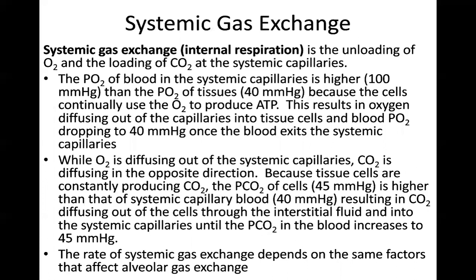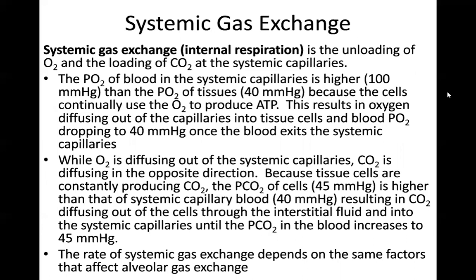Same things affect it here. PO2, PCO2 if we're talking about carbon dioxide. PO2 of our blood in our systemic capillaries is higher, about 100 millimeters of mercury, and this is all at sea level. PO2 of our tissue is about 40 because our cells are constantly using O2 to produce ATP.